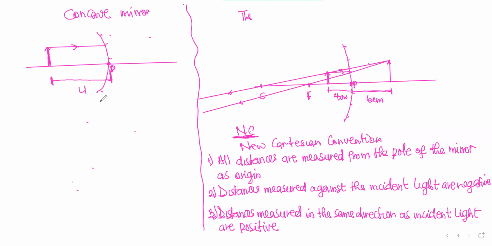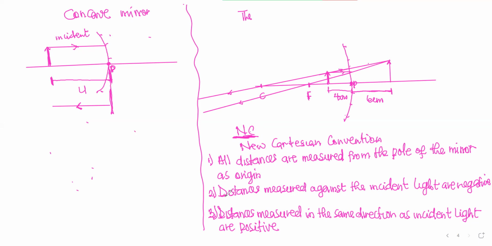Because all measurements are taken from the pole, my object distance will be measured in this direction. So look at the direction of incident light and then the direction of distance measured.